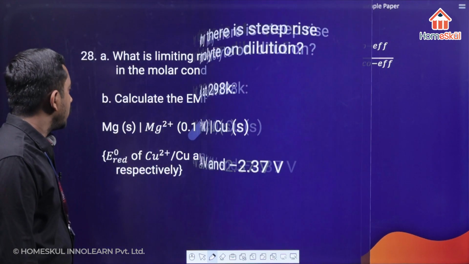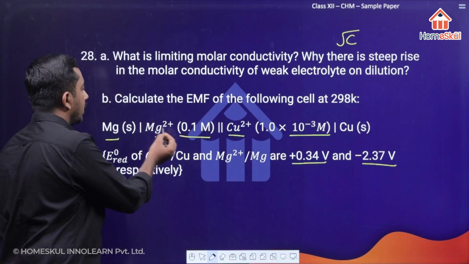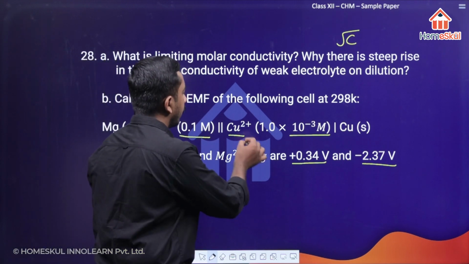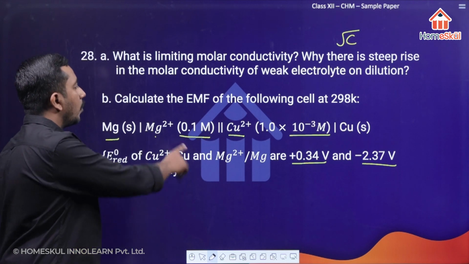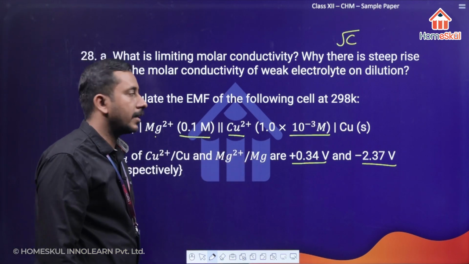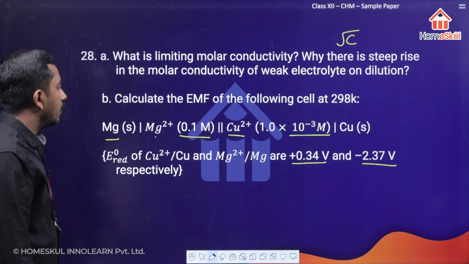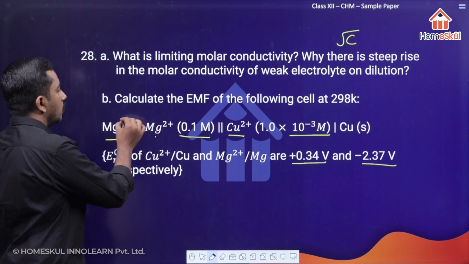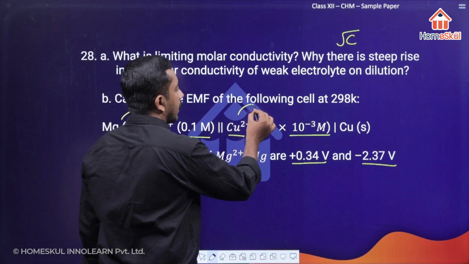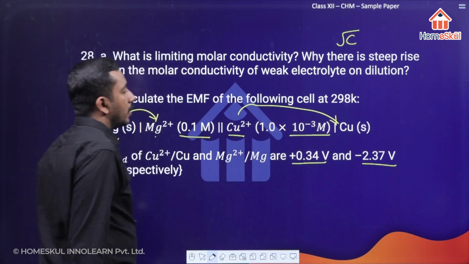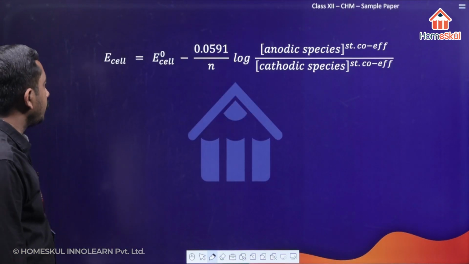The anodic species here is magnesium 2 plus, and the cathodic species is the copper 2 plus ion. So the corresponding concentrations are 0.1 molar and 10 raised to minus 3 molar. The number of electrons involved here is obviously 2, because magnesium is getting converted into magnesium 2 plus and copper 2 plus is getting reduced into copper. So the value of n is 2.